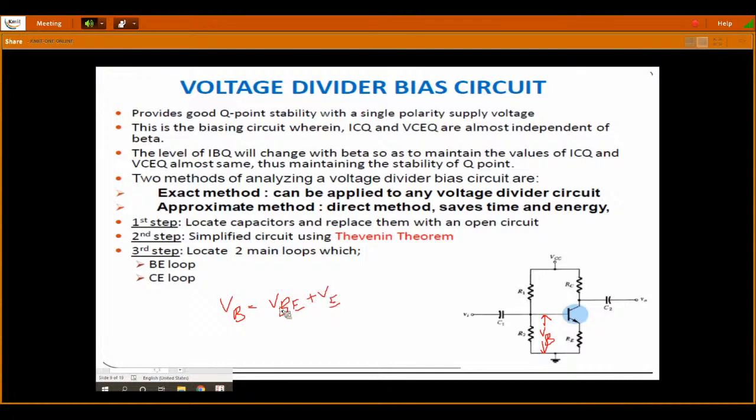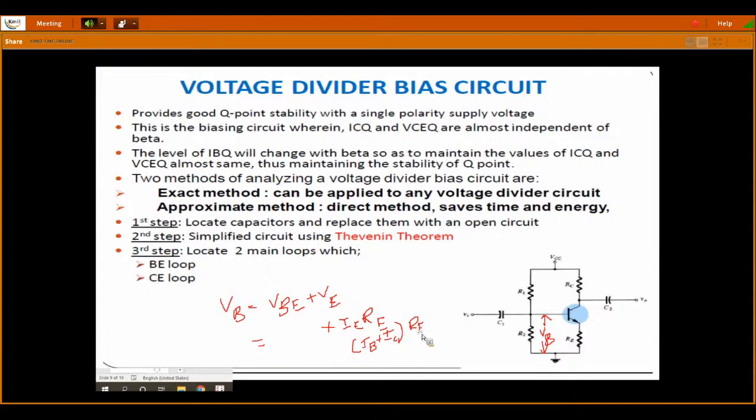The base to emitter junction voltage depends on the amount of external AC input applied, and VE depends on the amount of current flowing through the resistor RE. Hence VE is equal to IE into RE, where IE is equal to IB plus IC, so VE equals (IB plus IC) into RE.